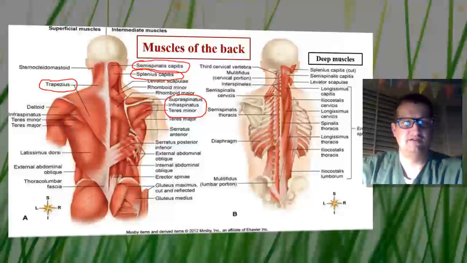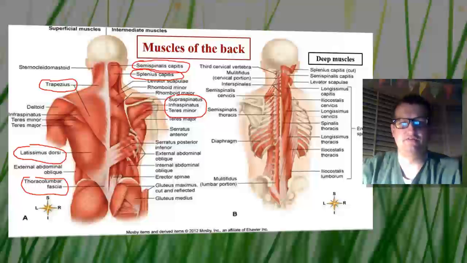You have the latissimus dorsi, called the lats, a major muscle of the back. This is connected to the lumbar and sacral spine by fascia called the thoracolumbar fascia. The erector spinae muscles are long longitudinal muscles in the deep back region.